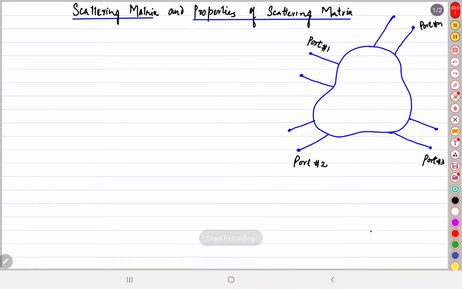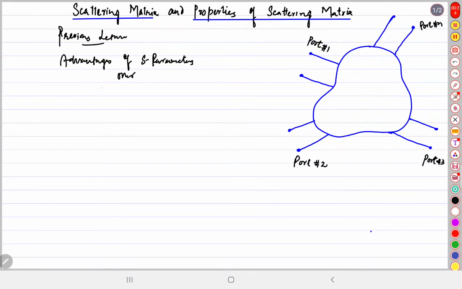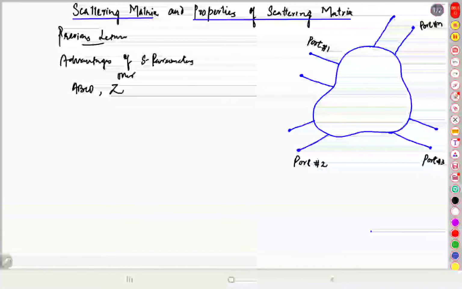I welcome you all to this lecture on scattering matrices and properties of the scattering matrix. In the previous lecture, we have seen the advantages of S parameters over the other parameters like ABCD parameters, Z parameters, or Y parameters.